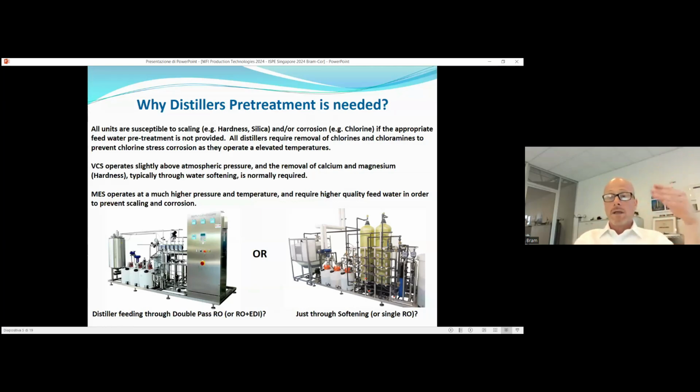So the machines are subject to scaling, for example, with hardness, calcium, magnesium, or silica, especially the colloidal silica, and or corrosion. For example, an excess or the presence of chlorine.